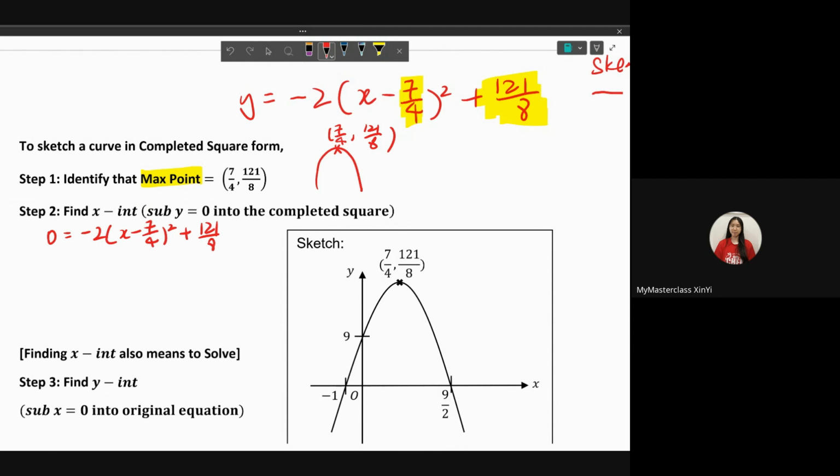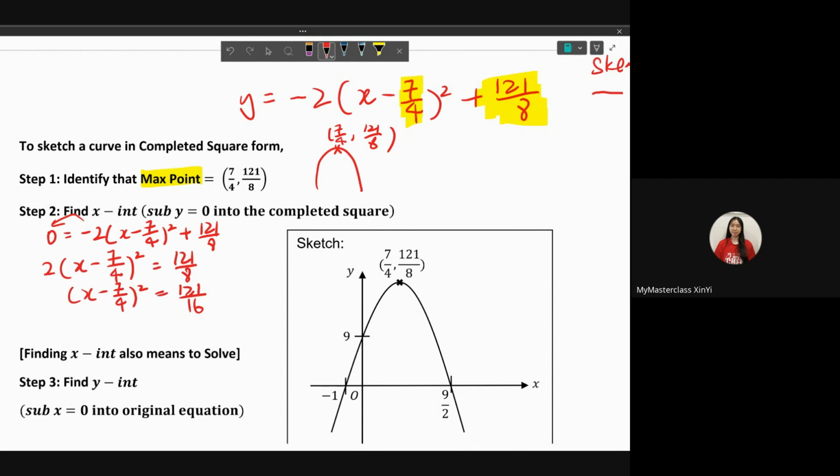Instead, shift this over to isolate your perfect square. So this becomes 2(x − 7/4)² = 121/8. Then divide by 2 on both sides, and you get (x − 7/4)² = 121/16.